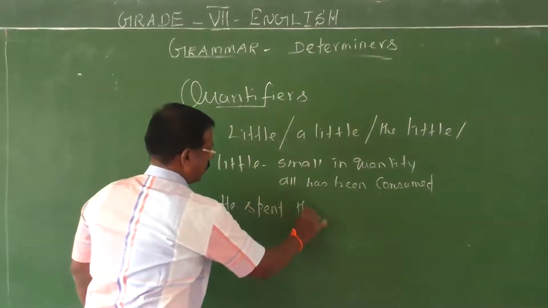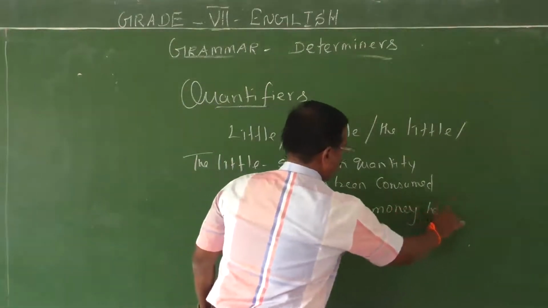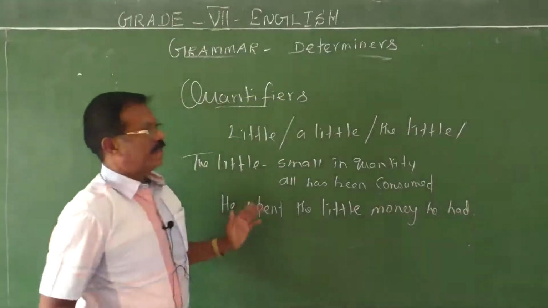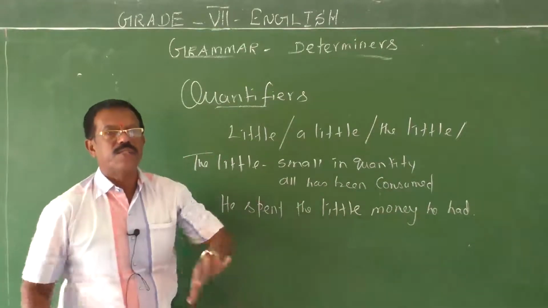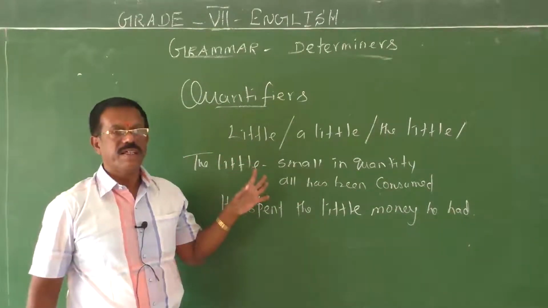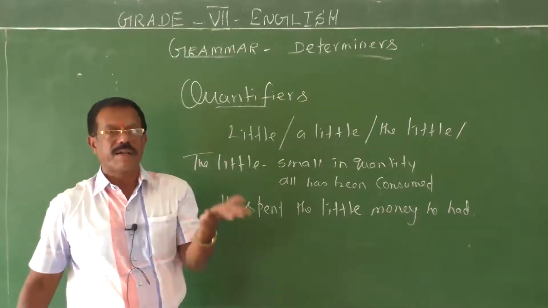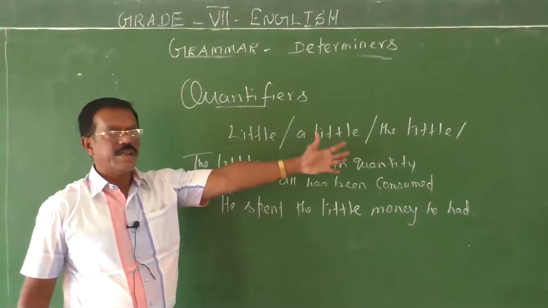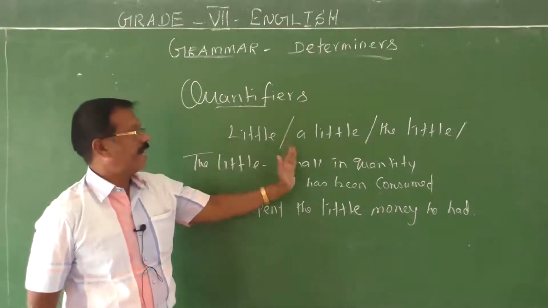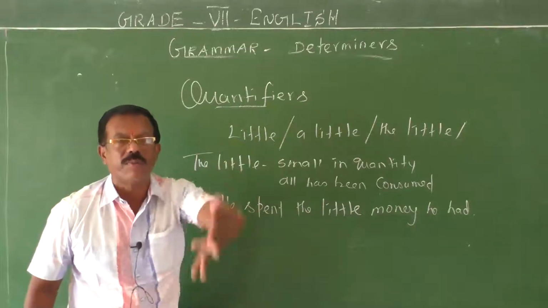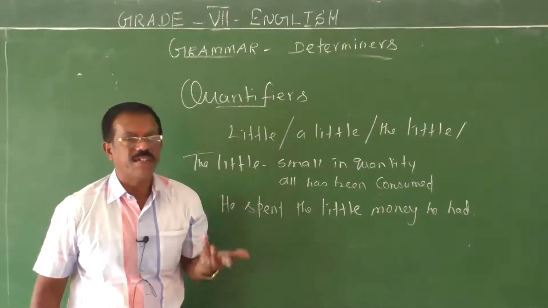So in this example, the little means small in quantity, but all has been used or consumed. So little means nothing and gives a negative meaning. A little means some quantity but not much, and gives a positive meaning. The little also means small in quantity, but all has been used. These are used before uncountable nouns: little water, little oil, little knowledge, little hope, a little water, like that.